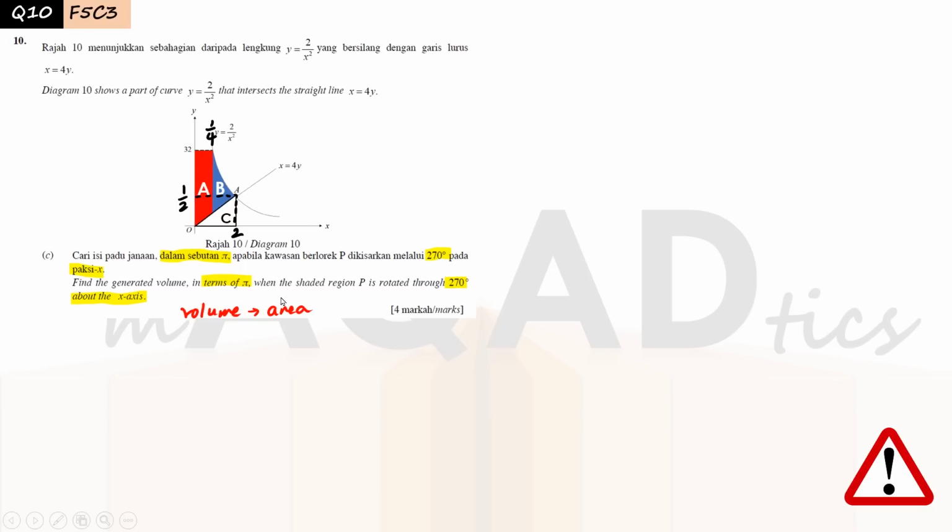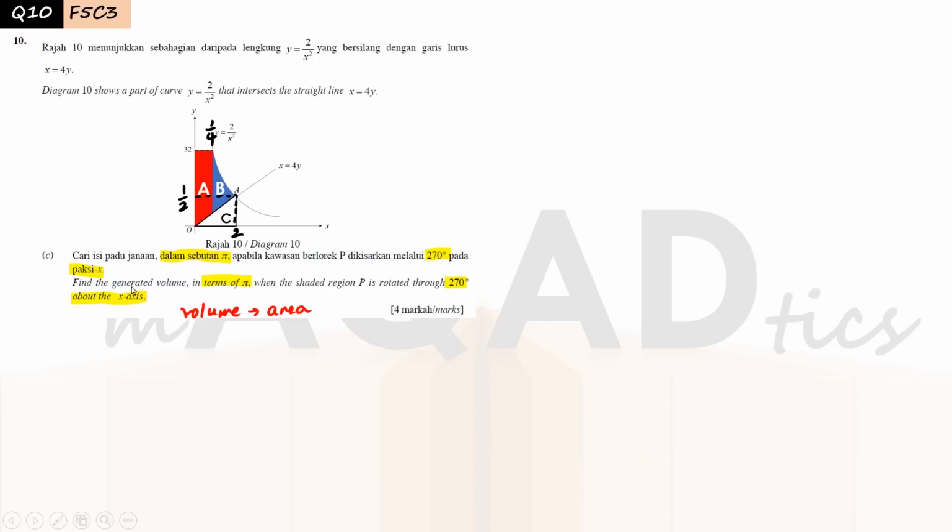The reason I focus on the area first is because I want to identify the shapes that help me to find the volume. What I require to find the volume is the shapes first, the area of the shapes that we are about to rotate later. So the shapes here are very important.